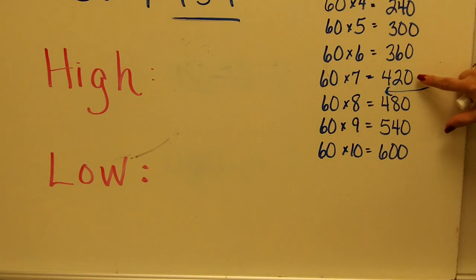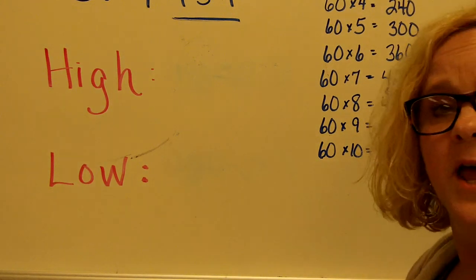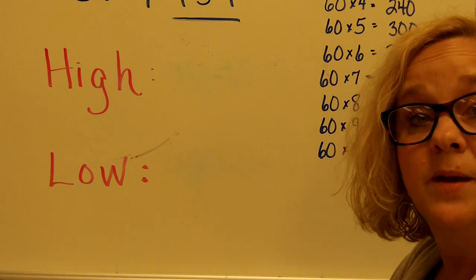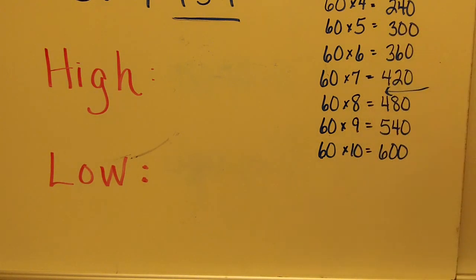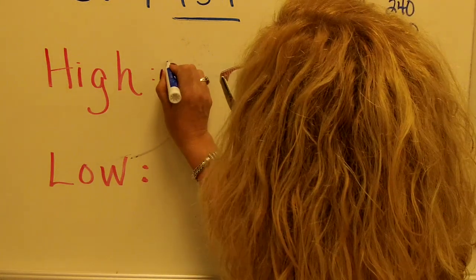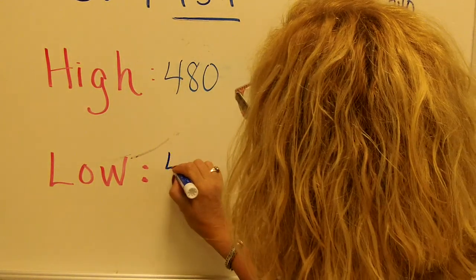Because I'm looking for my 60s multiplication facts, and I notice it goes right here. 431 is between 420 and 480. So 480 is going to be my high estimate, and 420 is going to be my low estimate. So high is going to be 480, low is 420.